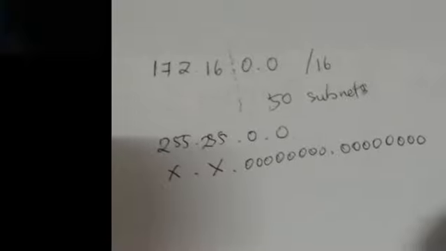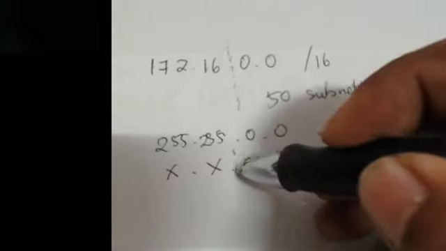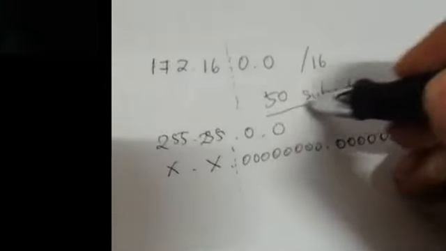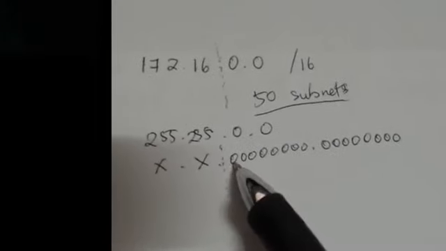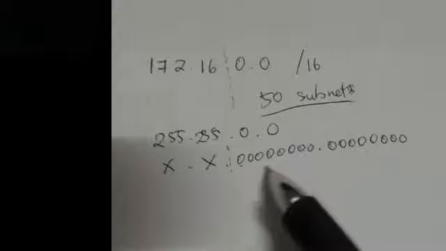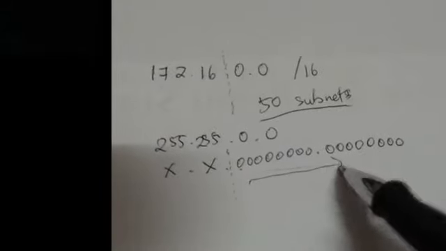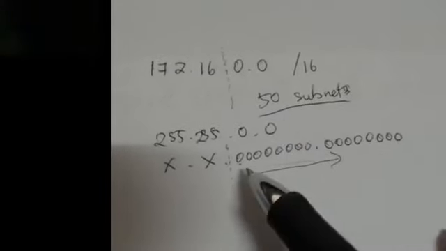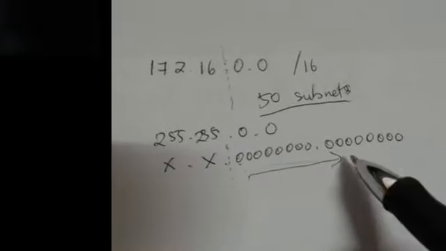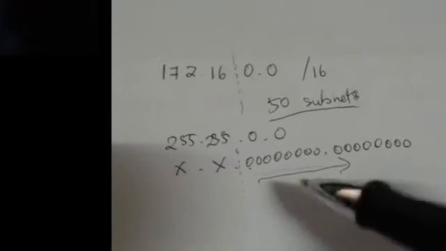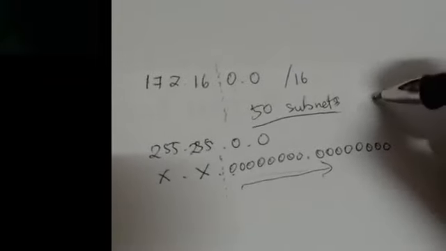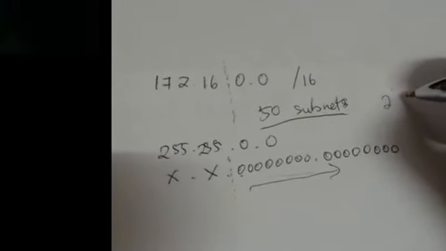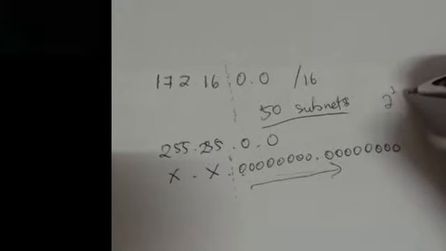So we draw our boundary here again, and we want to come up with 50 subnets. Remember, we start borrowing from the left, making our way to the right, because we're trying to find the number of subnets. If I take 1, 2 raised to the power 1 is not enough. 2 raised to the power 2, still not enough.